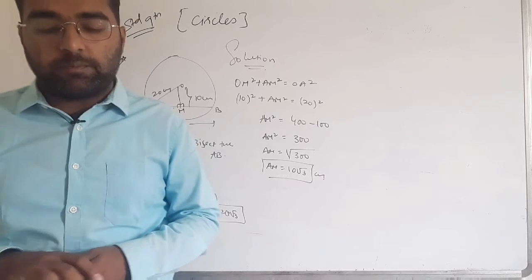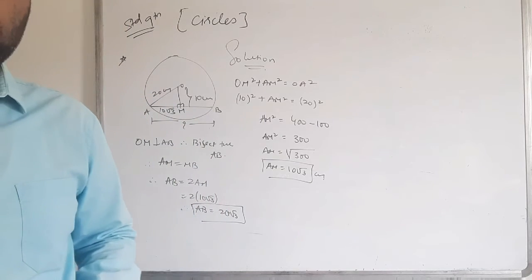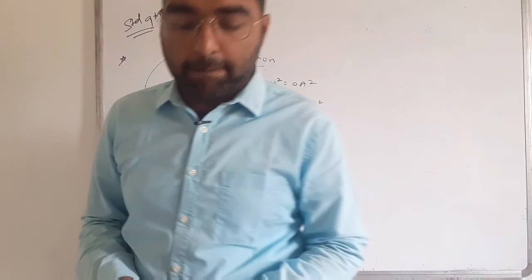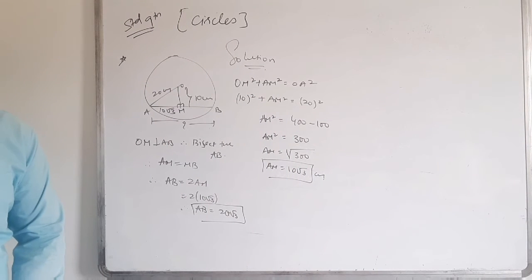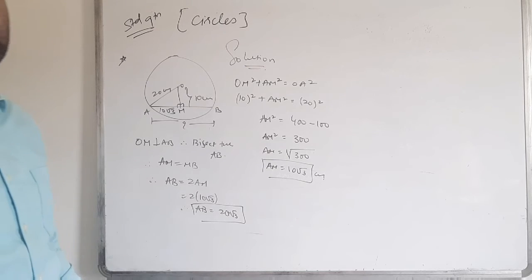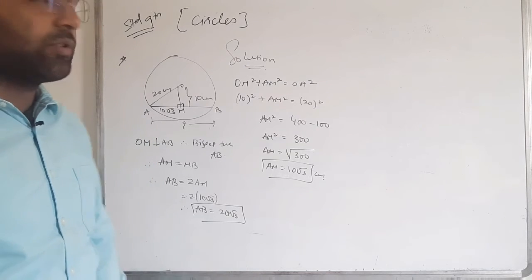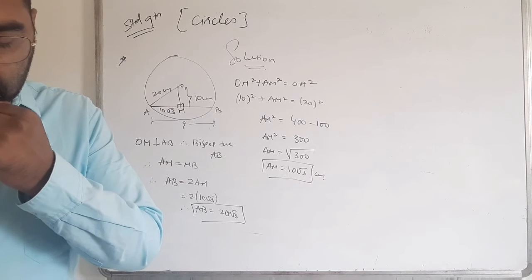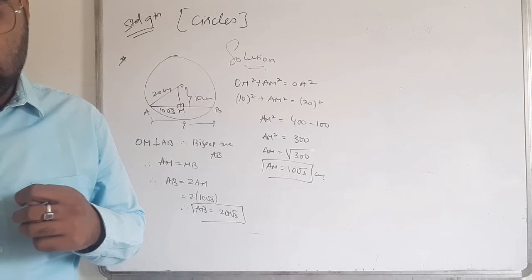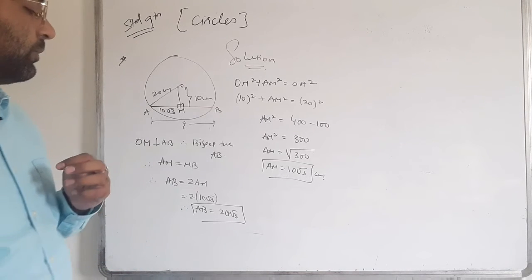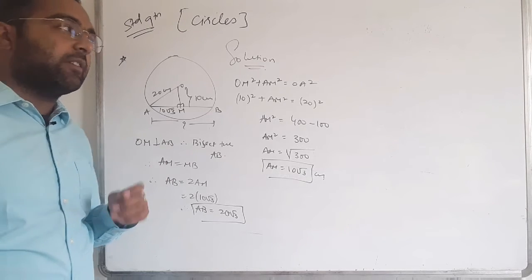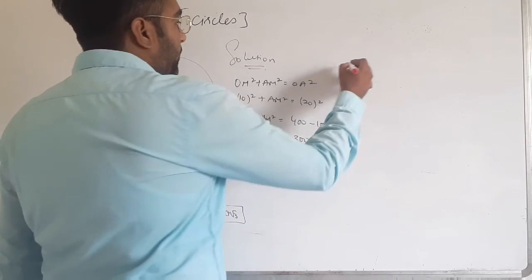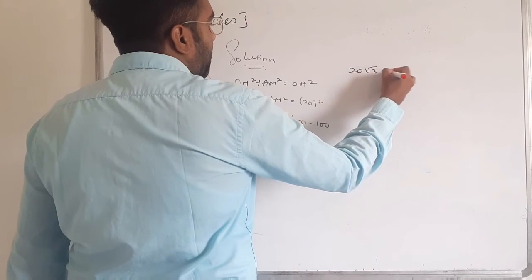So please note down this. This kind of question is asked as a 1 mark question and MCQ question. In that, it gives the options. If the options are given in decimal, then you should convert 20 root 3 into decimal form.